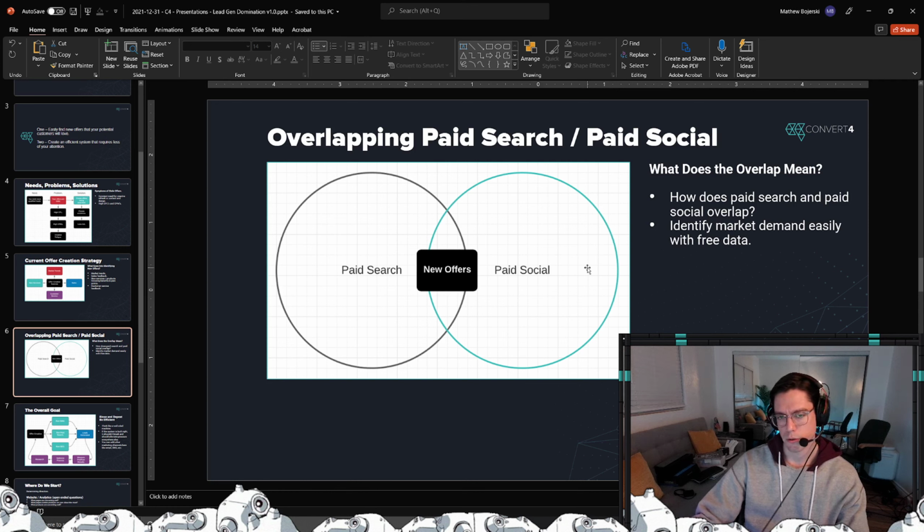Then go to social, run your ads, run your offers on social, generate new levels of awareness with new offers that you couldn't find evidence of in paid search. And now you've just taken paid search, paid social, and you're overlapping and encompassing both areas of this market. So you don't have to rely on any one paid avenue channel because we all know how well that goes.